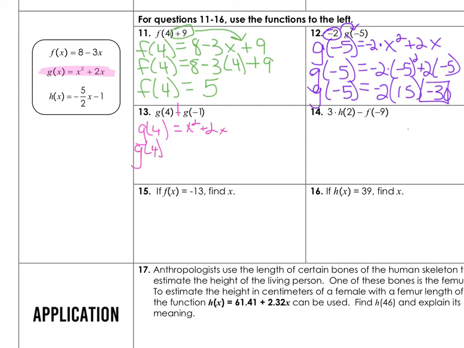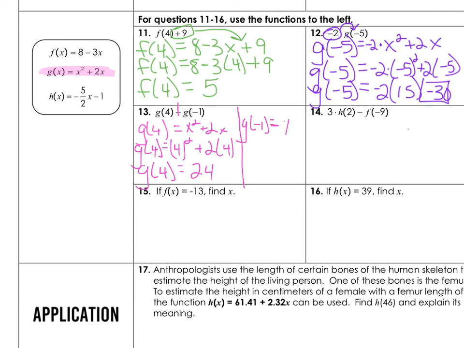G of 4 equals, I'm going to plug in my 4, and so g of 4 equals 24. Now I'm basically doing the same thing with g of negative 1. Same equation.